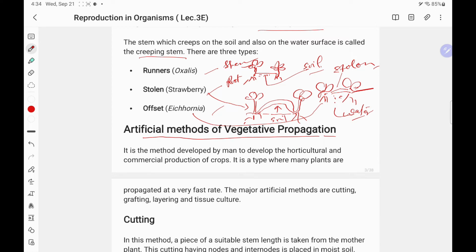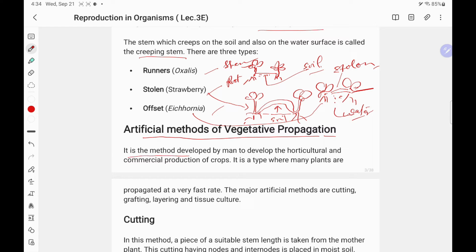The next, artificial methods, are the most important methods, very important and always used to produce new varieties of plants. Horticulture is a main subject of agriculture, in which such processes are utilized to propagate plants.